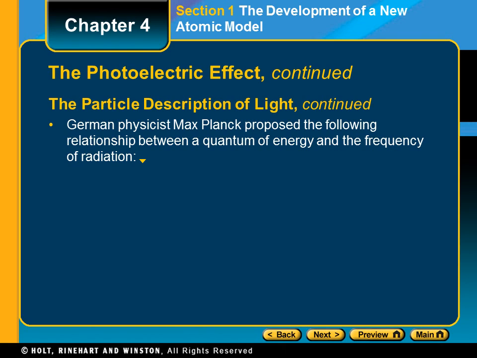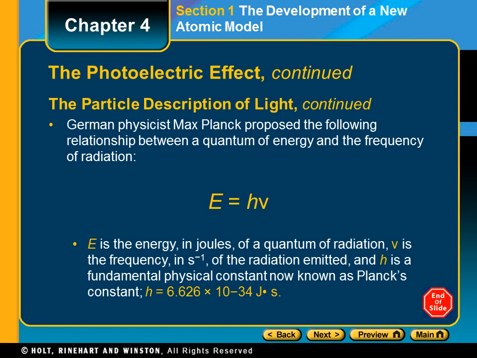He says there's a mathematical relationship between a quantum of energy and the frequency of radiation. That's expressed in this equation, where the capital E is the energy, in joules, of a quantum of radiation, little v is the frequency of the radiation emitted, and the little h is the fundamental physical constant, now known as Planck's constant.